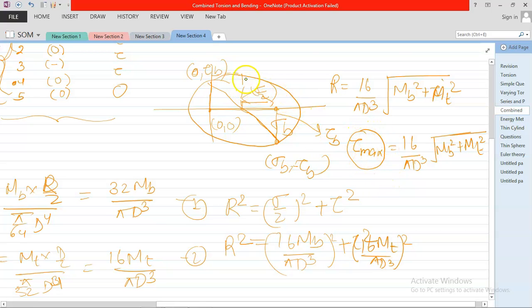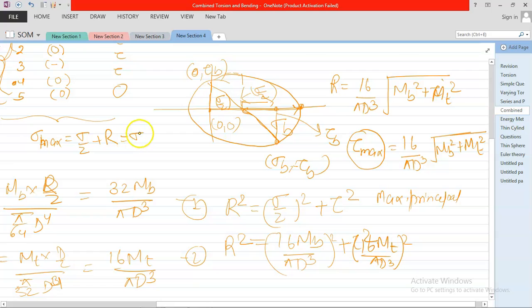That is the radius. Now, what is the maximum principal stress? Maximum principal stress is the point at this point. So you know this value. This is the radius, and this is sigma by 2. So sigma max is sigma by 2 plus radius.